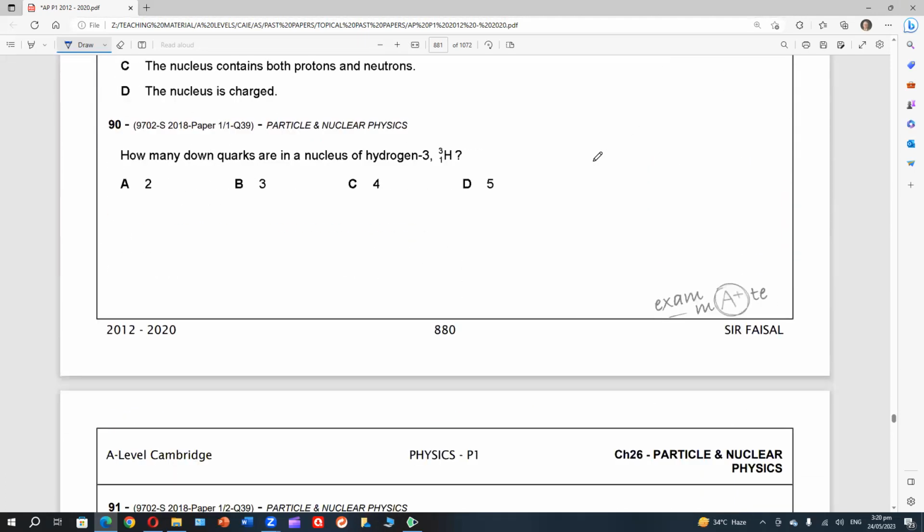How many down quarks are in a nucleus of hydrogen 3? Now, this is a point to understand that hydrogen 3 means 3 minus 1.